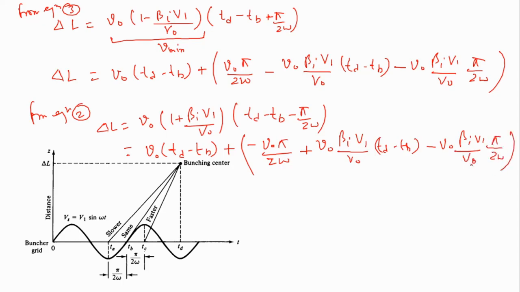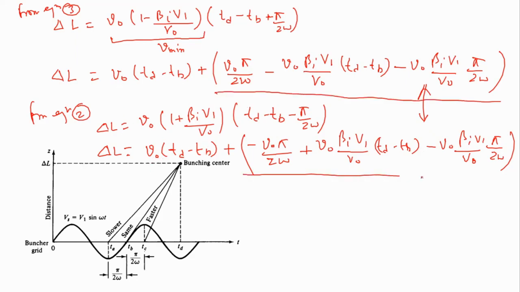So you can see these two delta L equations; try to correlate them. You will see V0 TD minus TB here, and here also V0 TD minus TB, but one term is multiplied with a minus sign. One is for minimum velocity, meaning the slower moving electron, and the other is for the faster moving electron.